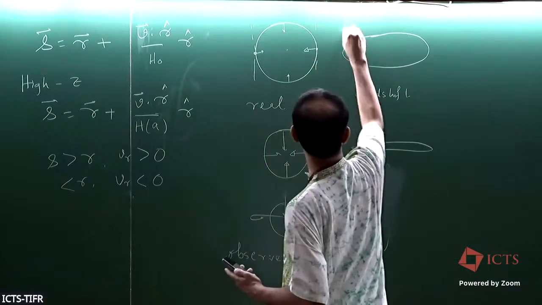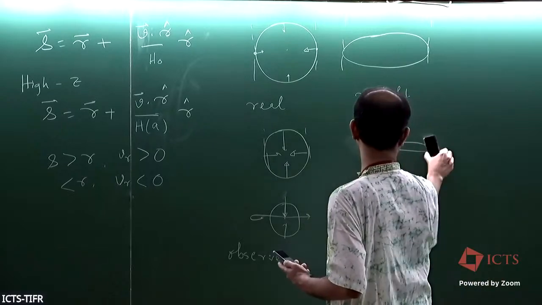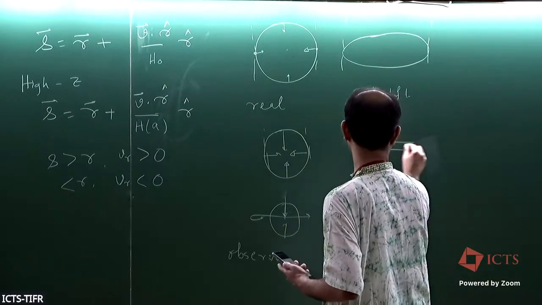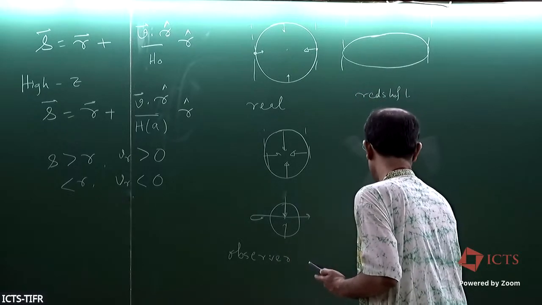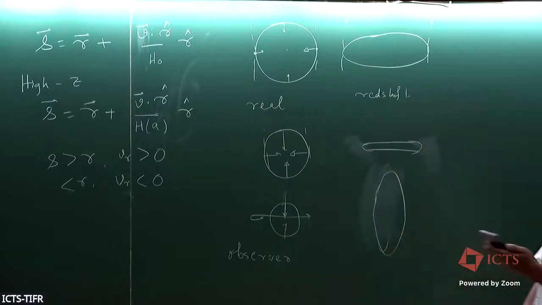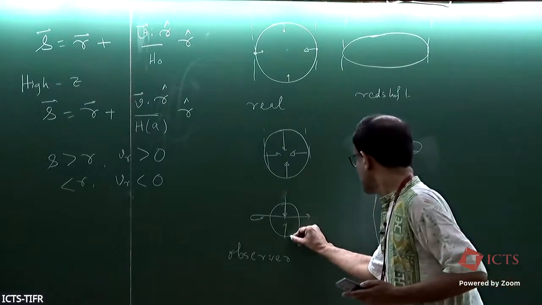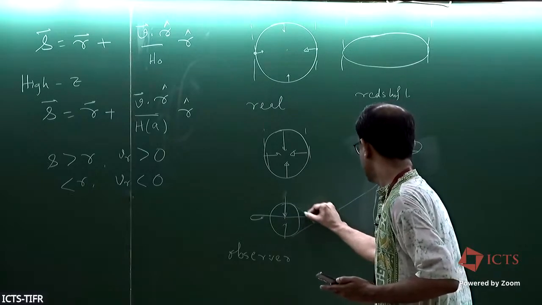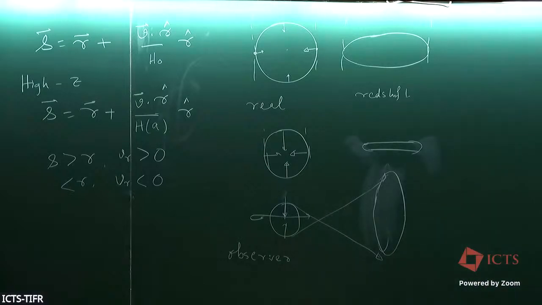Remember, these sizes are equal, though they don't look equal here, because for the transverse size, nothing changes. So in this case, the transverse size will be something like this. And remember here, this corresponds to this point, and this corresponds to this point. And these will be really huge velocities where you have gone beyond Hubble.